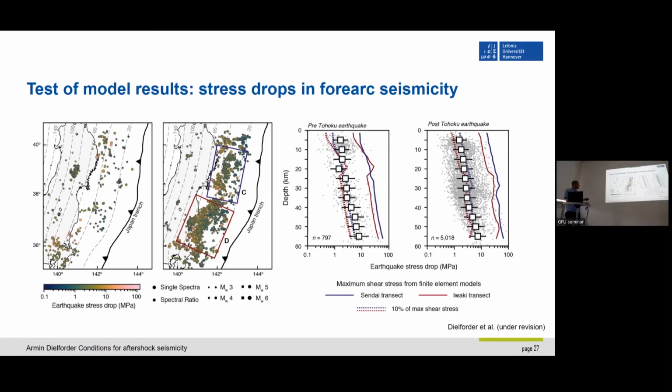And you can see that the trend for the conditions before the earthquake and after the earthquake are very similar. And we see a subtle depth dependency where the stress drops increase from 2 megapascal up to 8 megapascal.